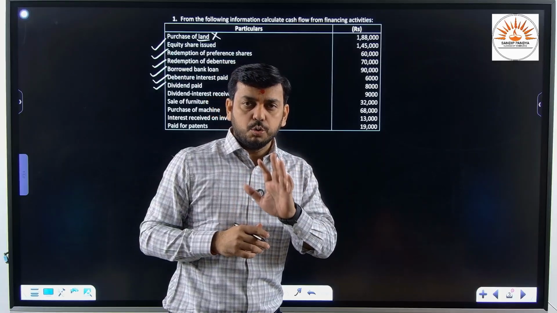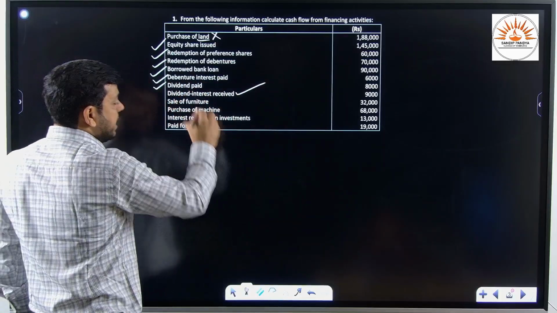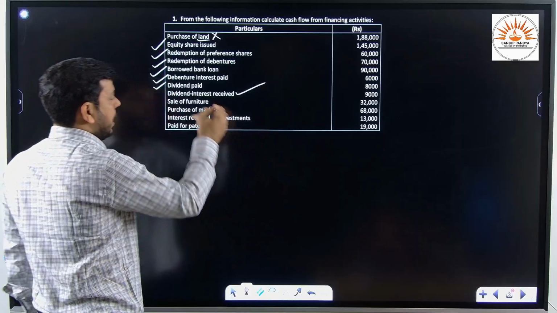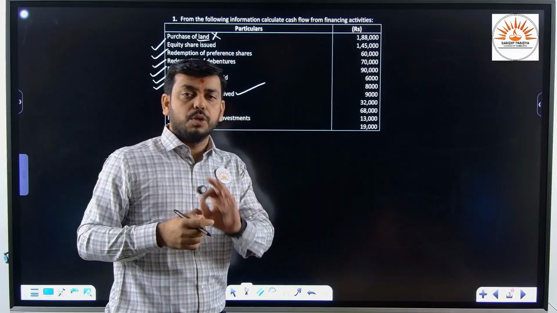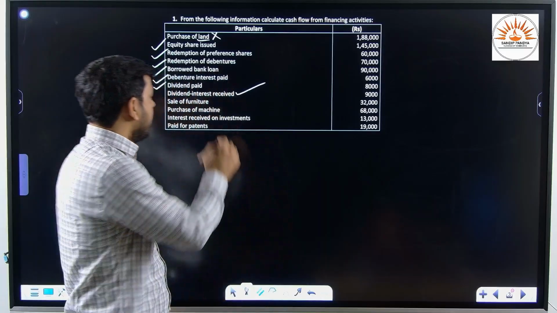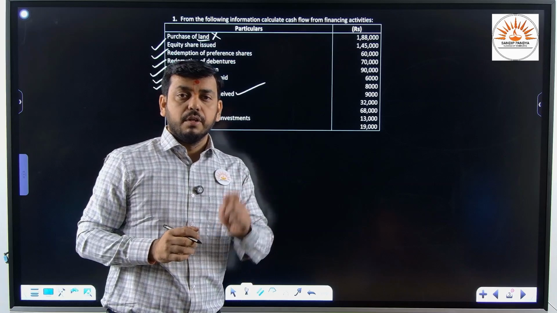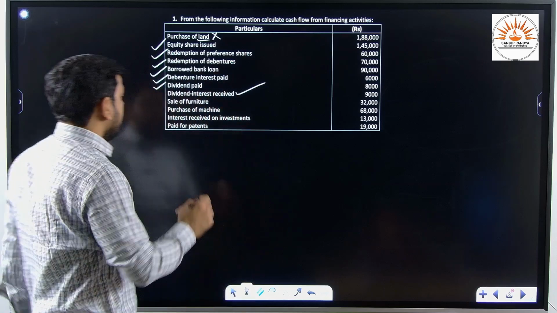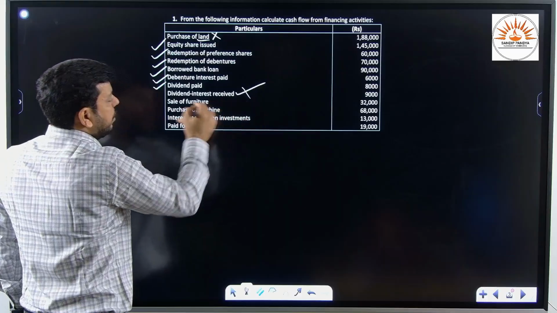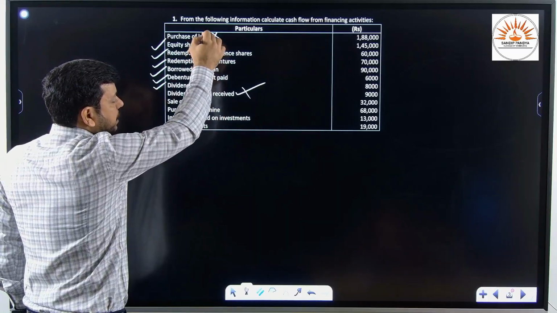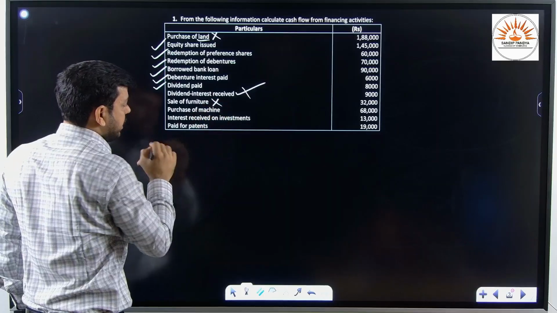What students usually do wrong is that they write dividend paid as a financing activity cash outflow and then add dividend received as a part of financing activity, which is totally incorrect. Keep in mind, dividend paid is a financing activity, but dividend received is a part of investing activity. Now sale of furniture: as I told you, land is an asset, and furniture is the same way an asset, hence it is a part of investing activity, we shall cancel it.